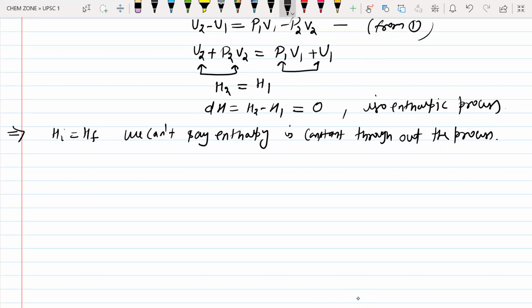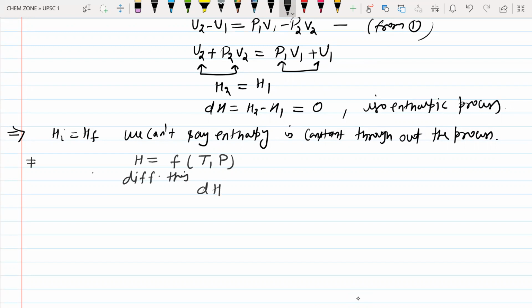Now, to find the Joule-Thomson coefficient, we know that enthalpy is a function of temperature as well as pressure. Now differentiate this.